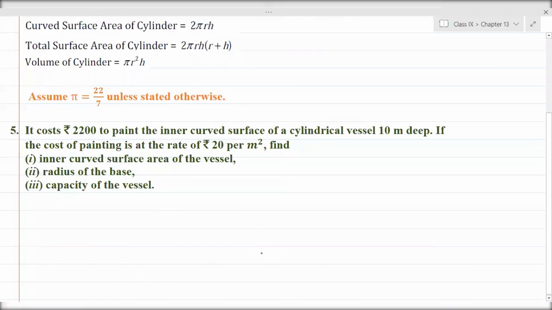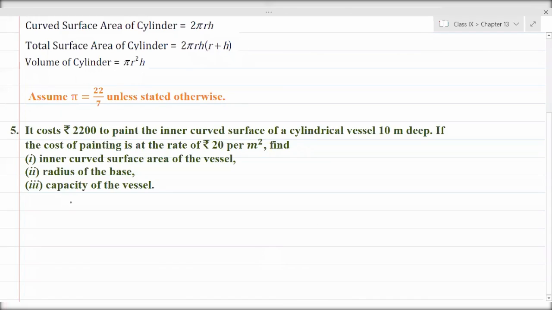It costs rupees 2,200 to paint the inner curved surface of a cylindrical vessel. One cylindrical vessel we have, and we are painting only the inner surface, and it is 10 meter deep. 10 meter deep means the height of the cylinder is given.